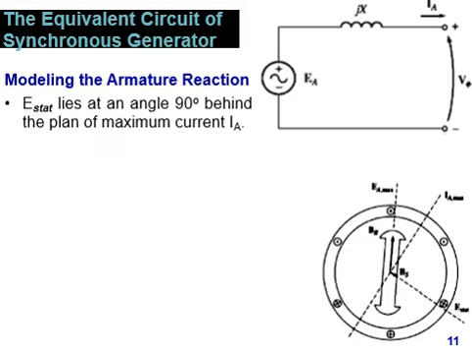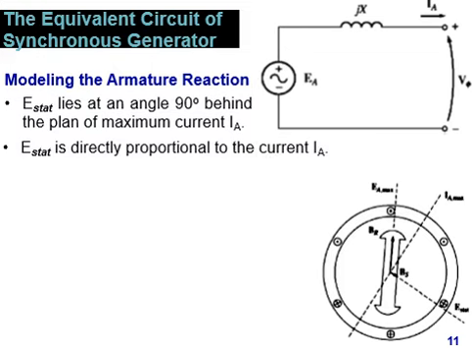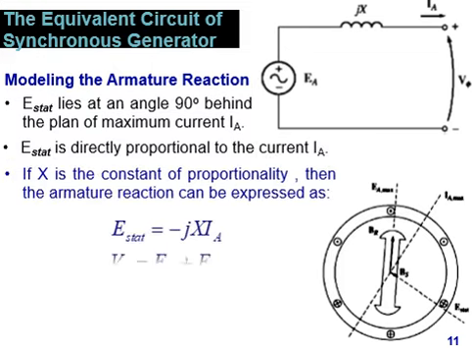Now we want to model the armature reaction. There are two main things to consider in this diagram. One is that E stat lies at an angle 90° behind the plane of maximum current IA. This is the plane of IA, so E stat lies 90° behind it.